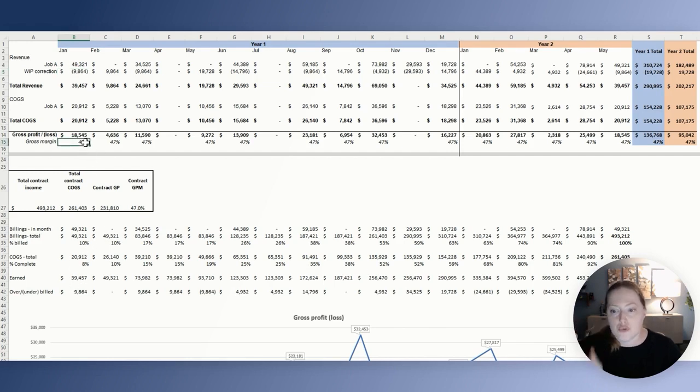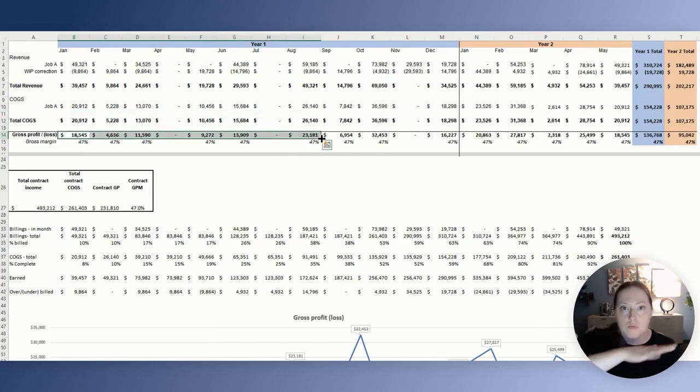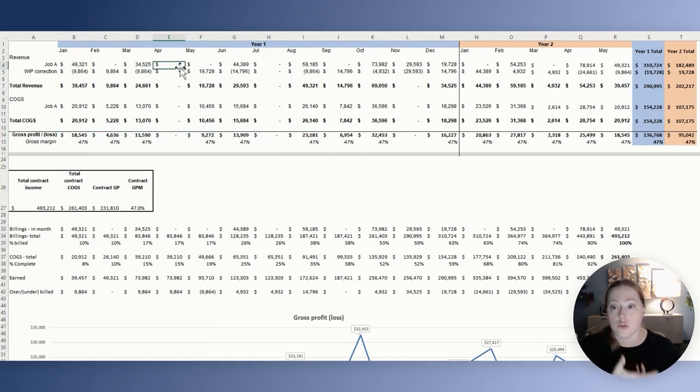And that is going to give you the true margin for this job, which is 47%. And that's how you get this nice, smooth profit and loss statement. And you'll see in April, there was no revenue, there was no cost, and there was no billing that happened. So our gross profit is zero, because again, this is just one job.